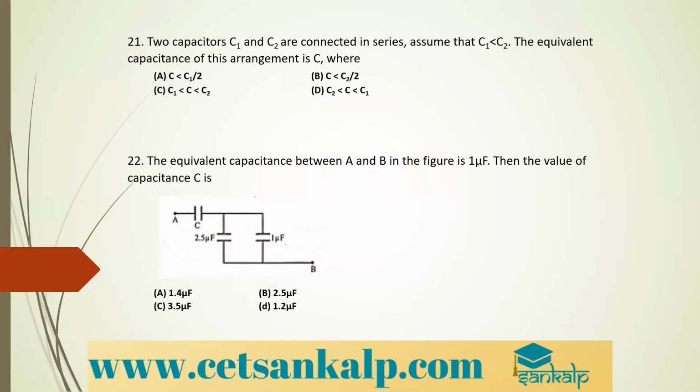21 question. Two capacitors C1, C2 are connected in series. Assume that C1 is less than C2. The equivalent capacitance of this arrangement is C where? So how we can do this one? See here.